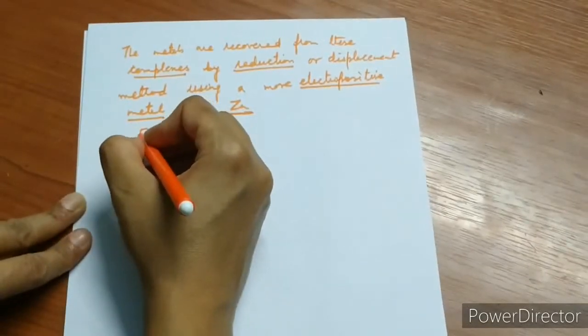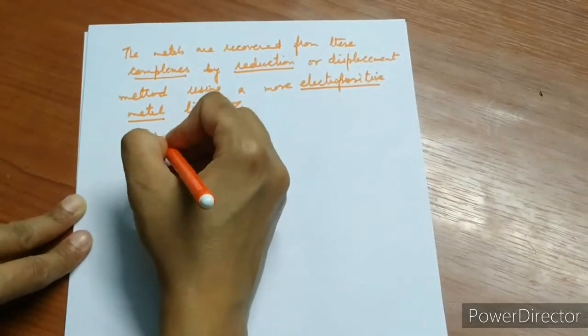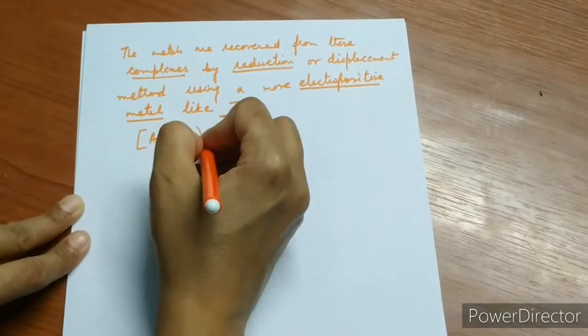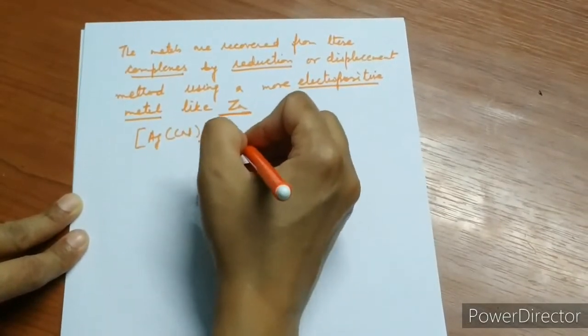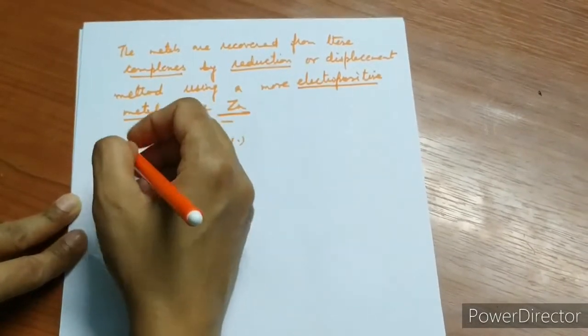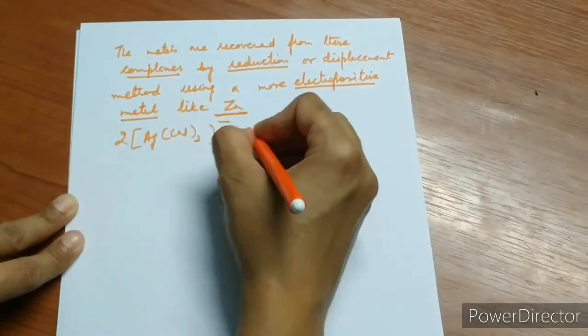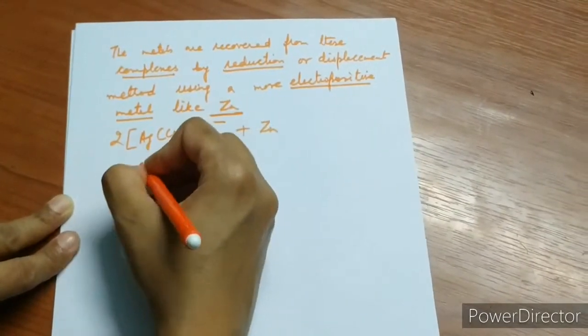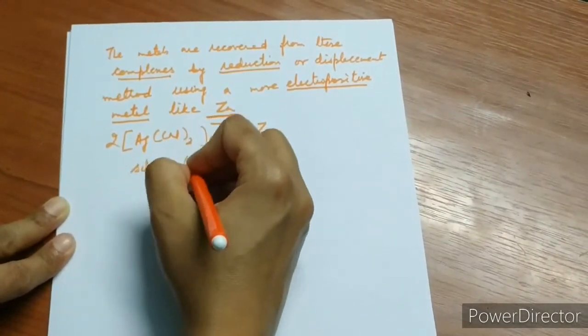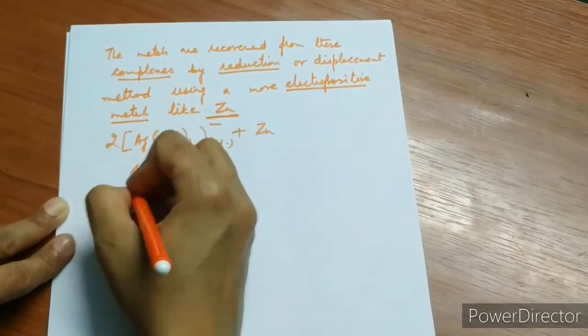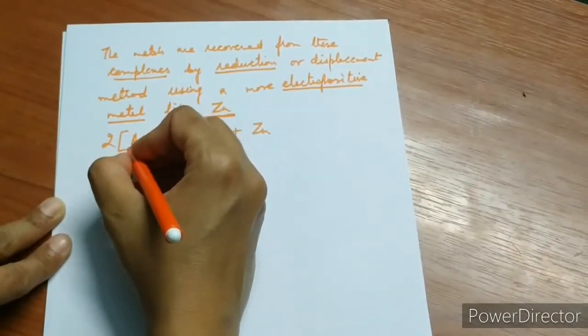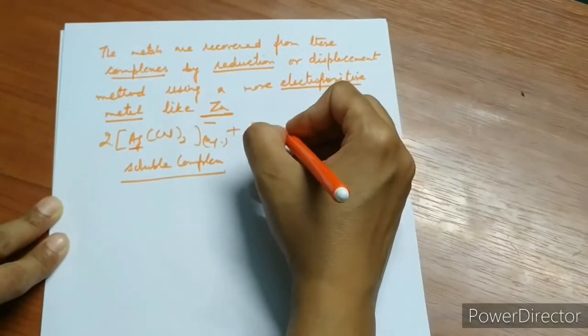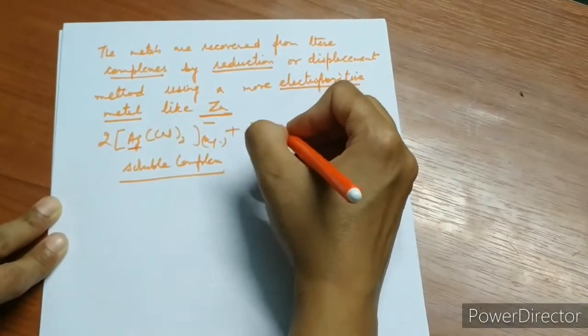So what is the soluble complex for silver? Ag(CN)2 minus aqueous. This complex we have discussed earlier. When zinc is reacted with this soluble complex, what will happen? Zinc will displace silver from this soluble complex, and what will be formed?